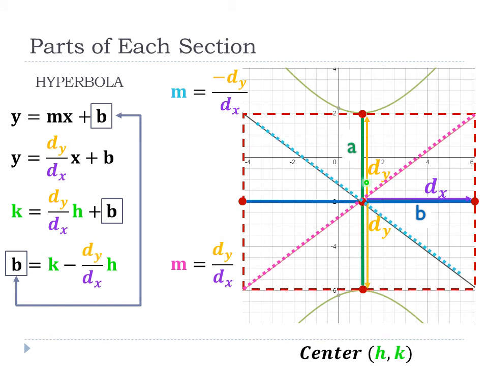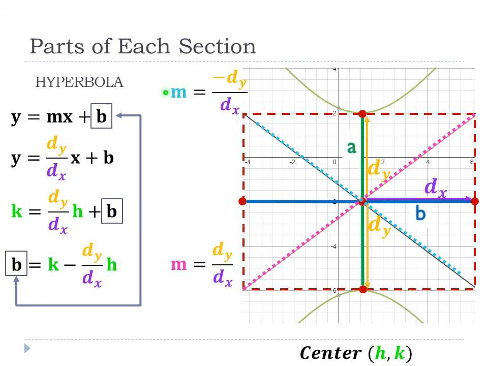In a vertical hyperbola, what I'm going to get is that the distance I'm traveling in y, since now the major axis is vertical, is a, and b is the distance in x.